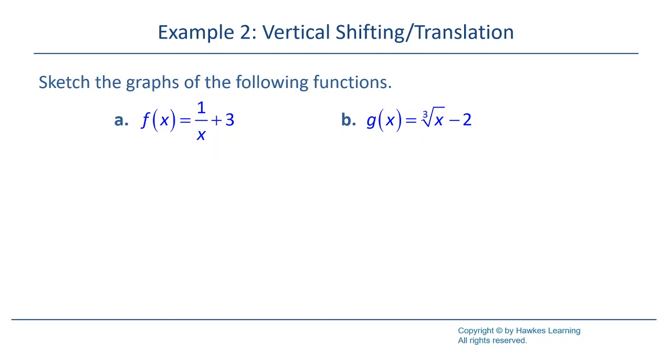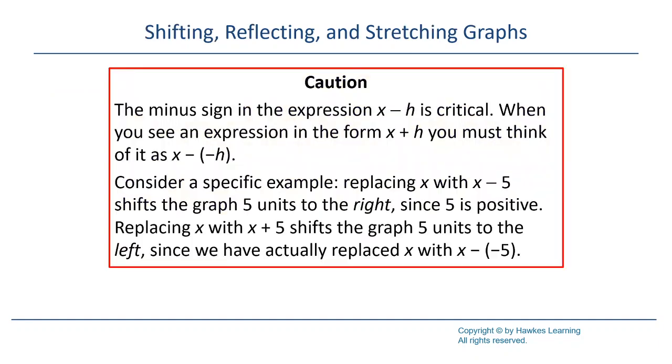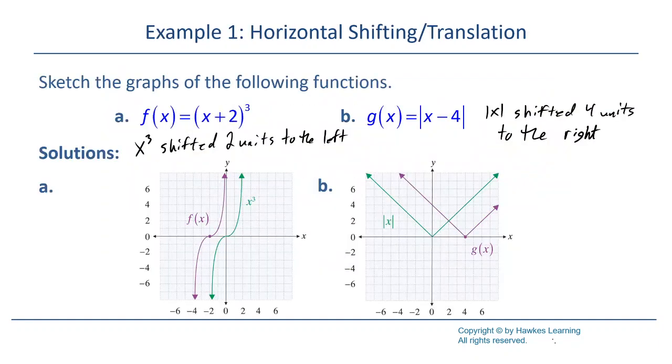And so these are a little bit easier because really I don't have to... Well, let me go back and show one thing. So notice here, this was shifted 2 units to the left. So if we took a point like, here's the point 1, 1.